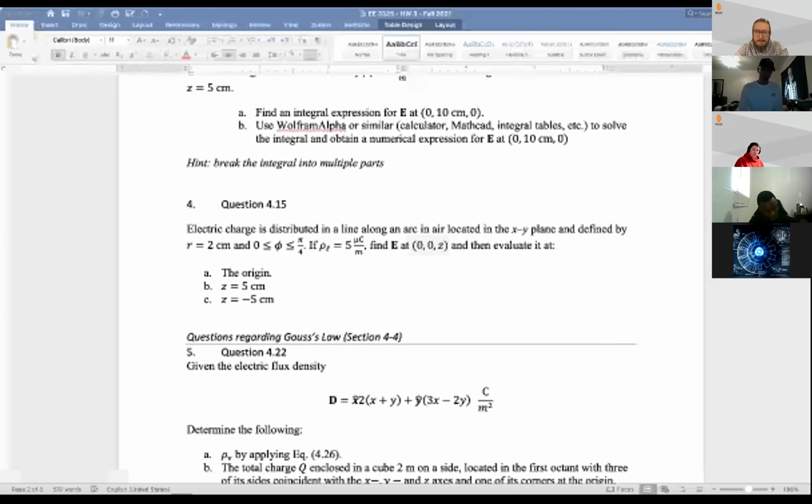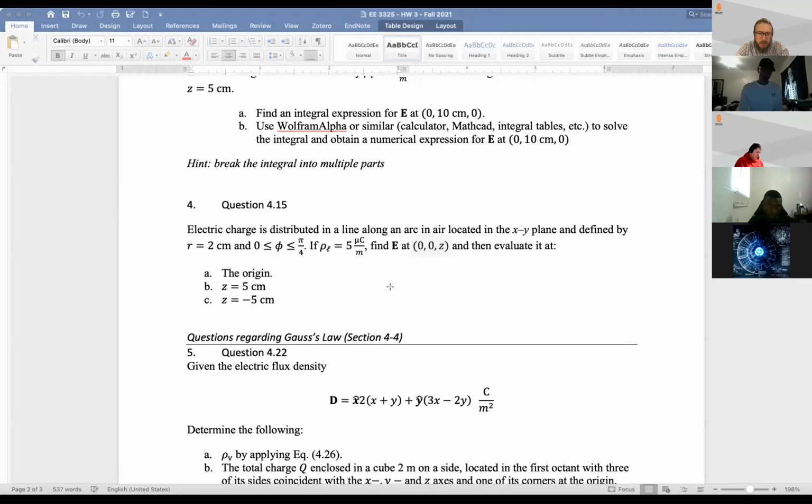But in your solution, there's a couple different ways to do this, but you will also need to integrate, instead of from 0 to 2 pi, to pi fourths.